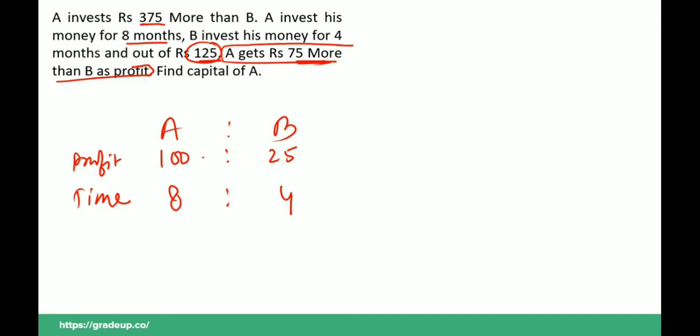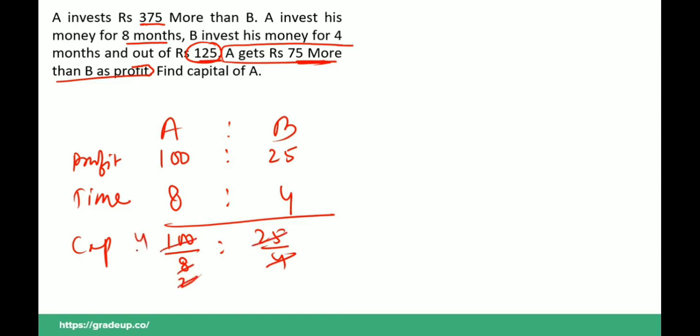Okay. Now, if we have the profit ratio and the time ratio, then we can easily find the capital ratio by dividing. 4 2s are 8, that is 2:1. This is the capital ratio.